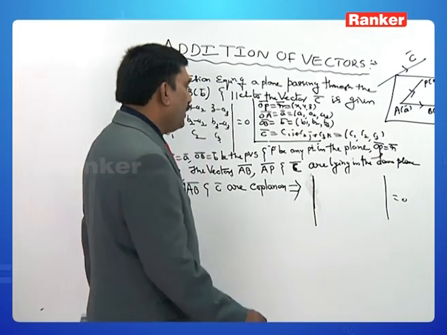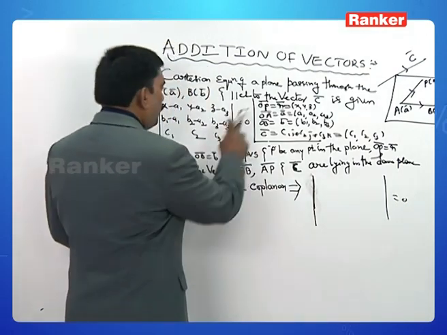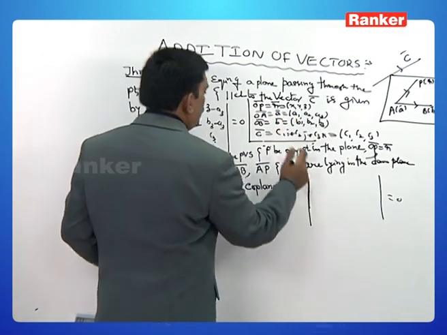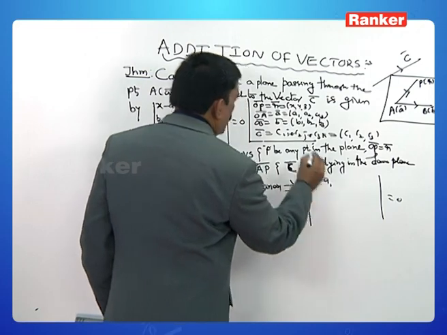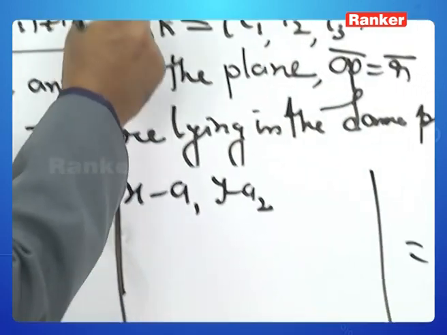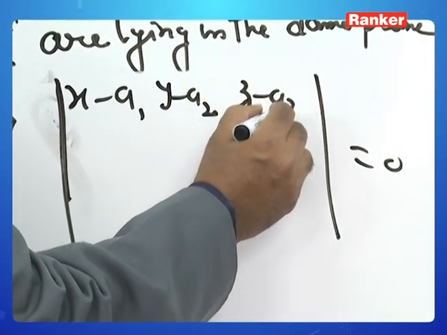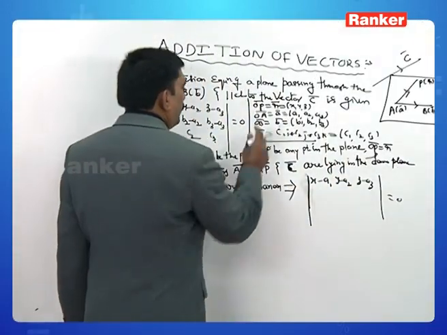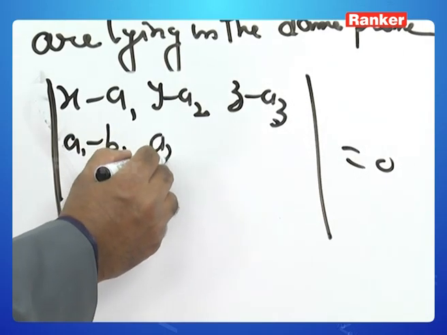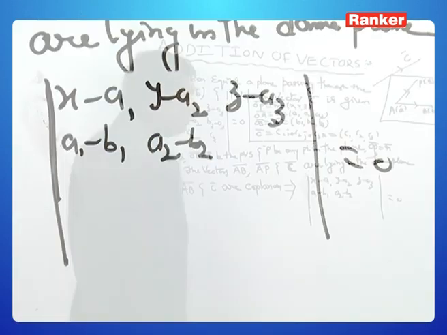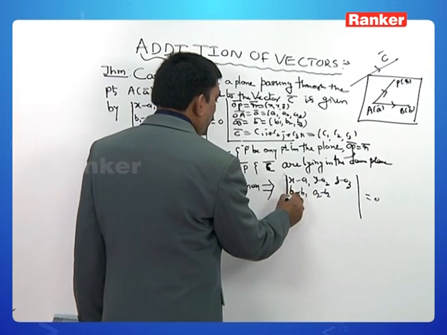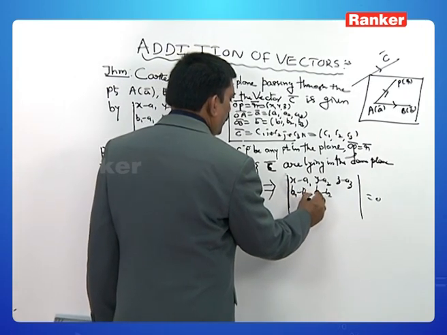So AP bar is OP minus OA, R bar minus A bar: (x minus a1) i, (y minus a2) j, (z minus a3) k. Next, AB bar, or OB minus OA: b1 minus a1, b2 minus a2.